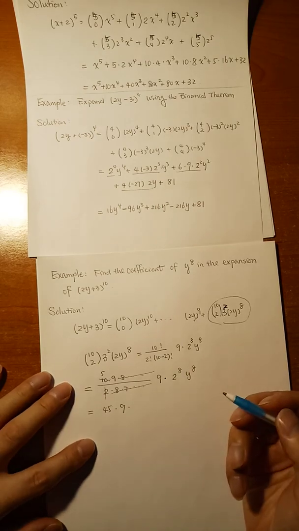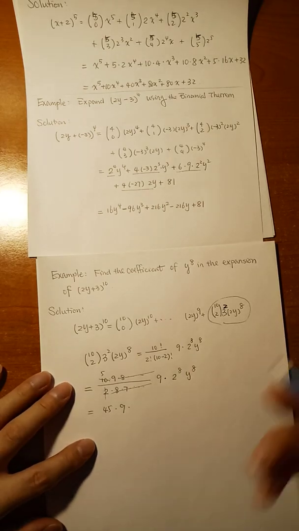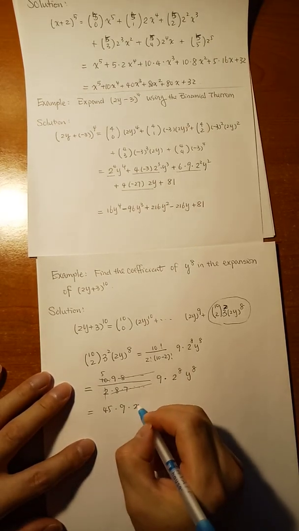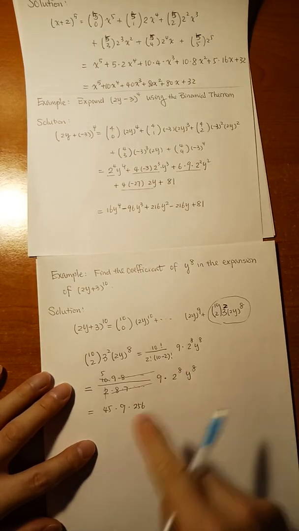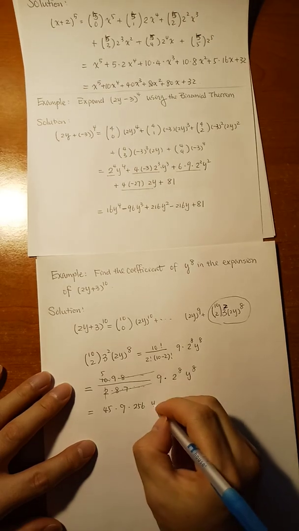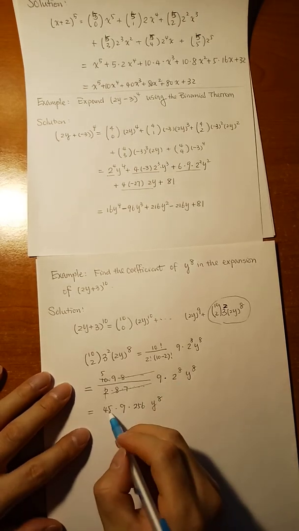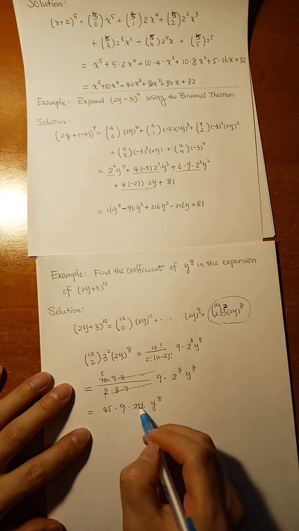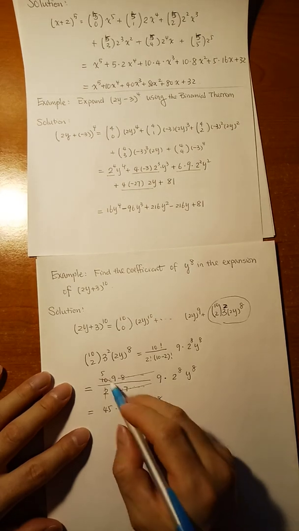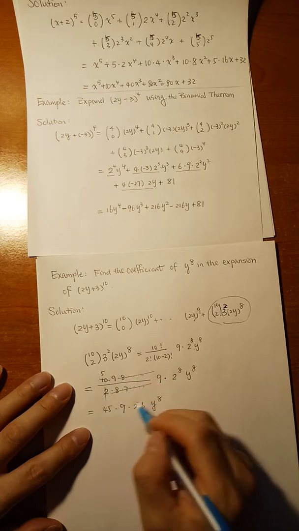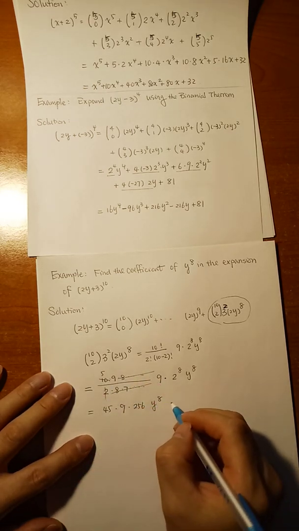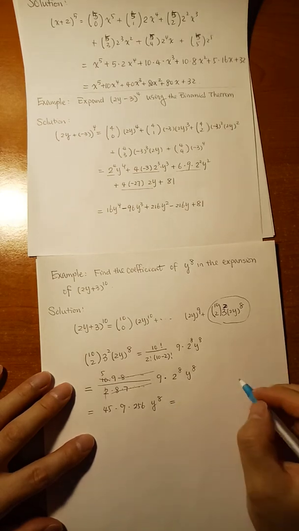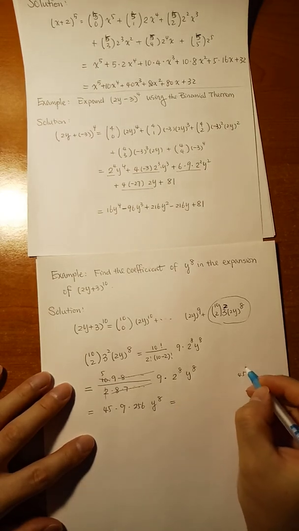What is 2 to the 8? Just do it one by one, you will get 256. And it is equal to 45 times 9 times 256. This 9 is here, and 45 comes from the combination coefficient. So you really do the computation.